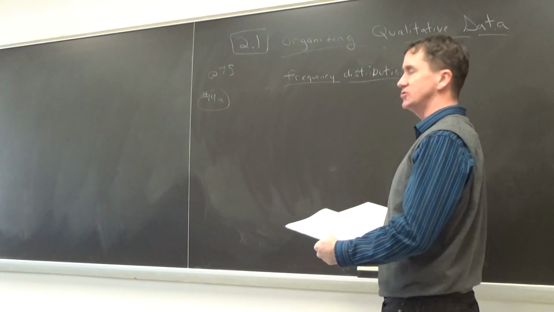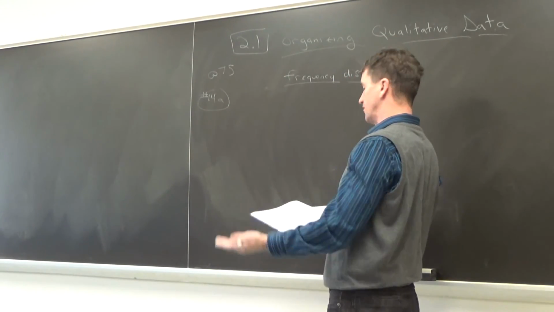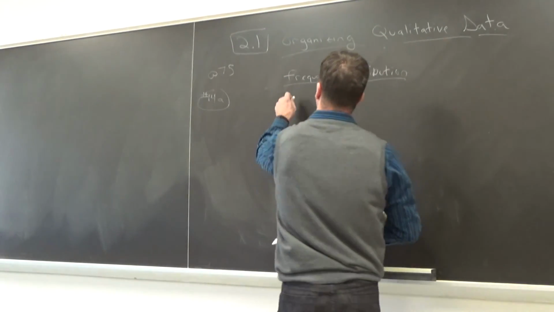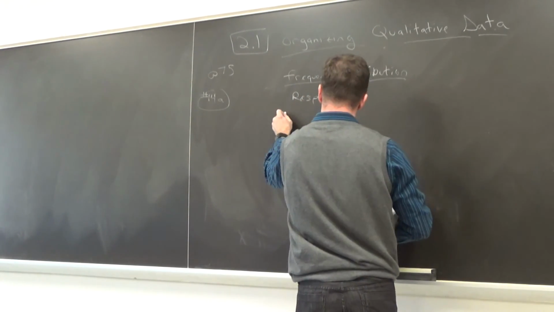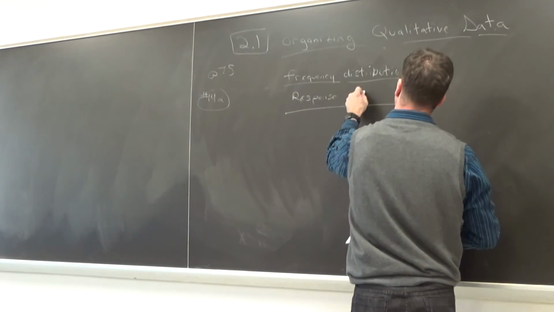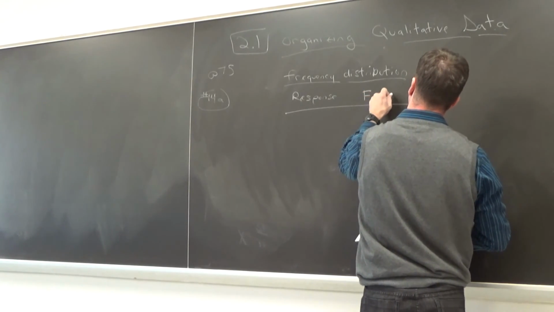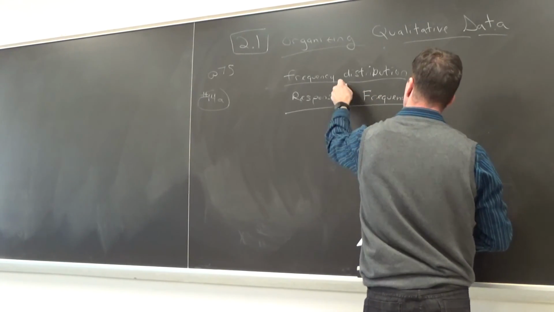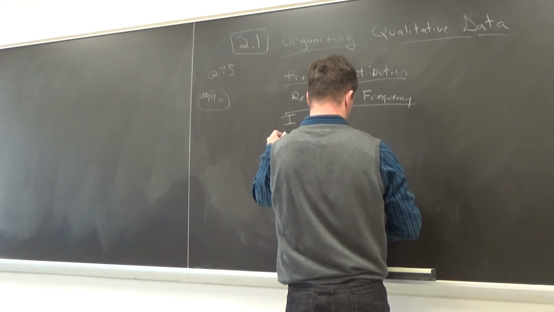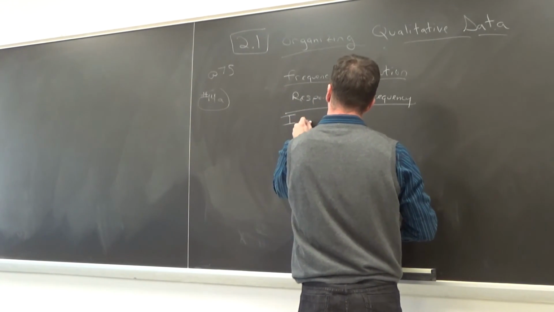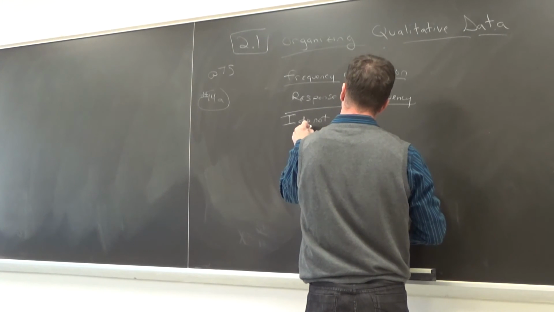So here's the frequency distribution given to us, provided for us in 14A. It's about wearing seatbelts. They titled this column response, and they titled this one frequency. It's just a table. They asked people about wearing seatbelts.